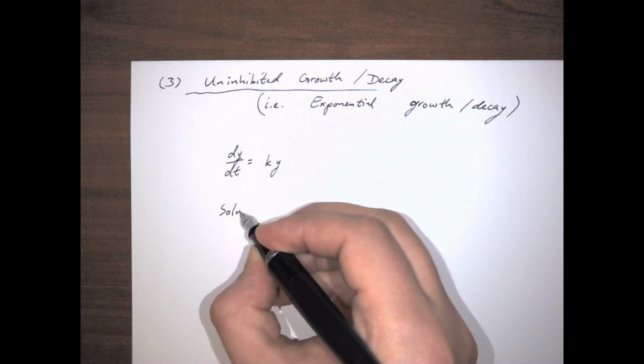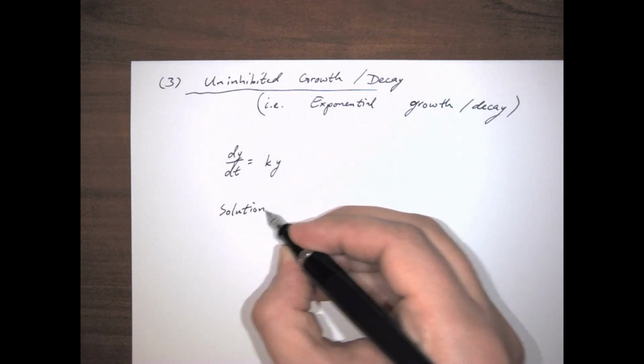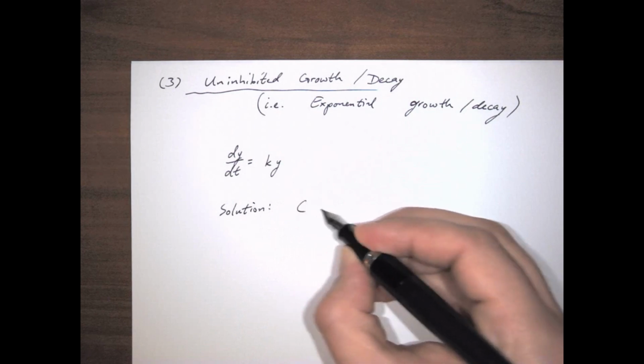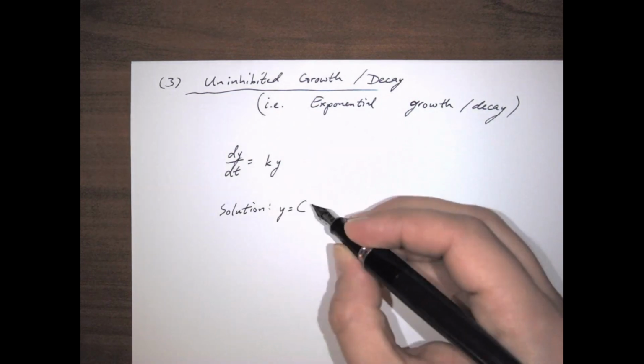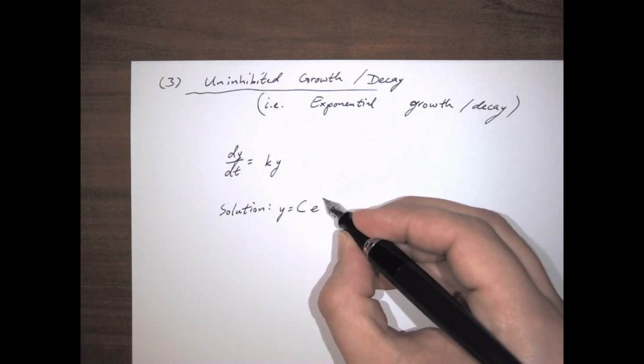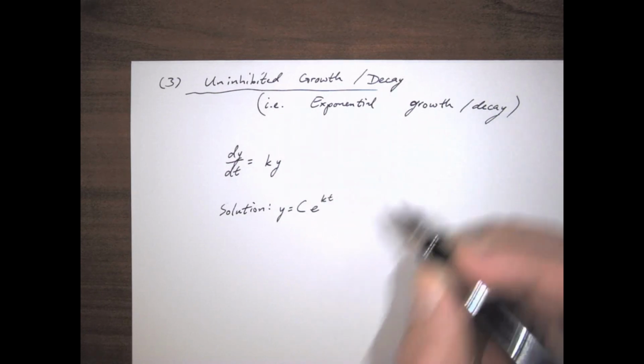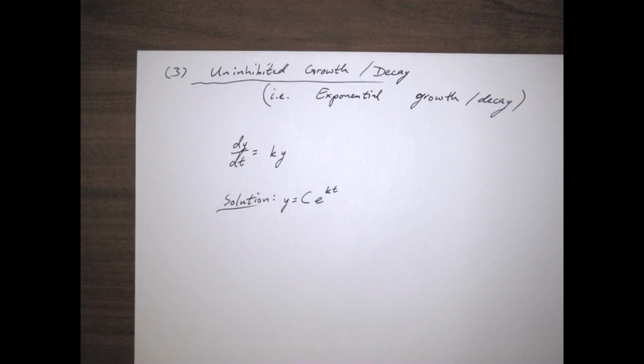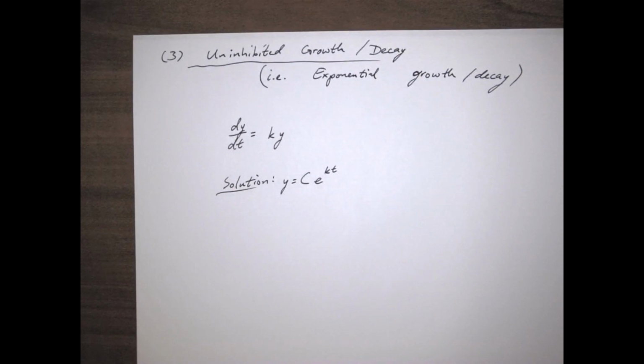So this is the one that we can actually figure out a solution to. The solution family here is going to be of the form y equals c e to the kt. This one can be solved by just thinking about it for a second.